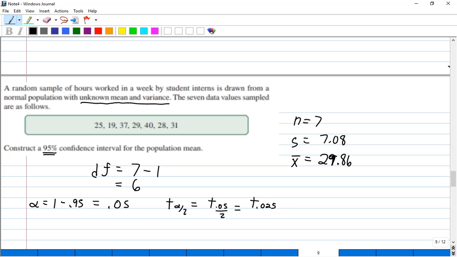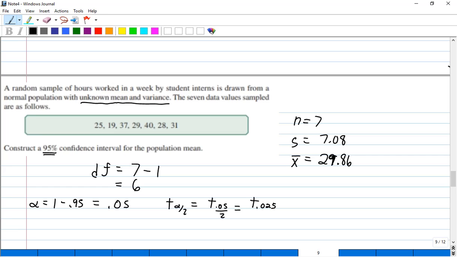All right. So what that means is we're going to go to our table, table D for critical values of t. Go to degrees of freedom of 6 and look for t sub 0.025.